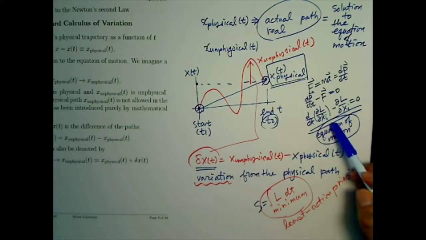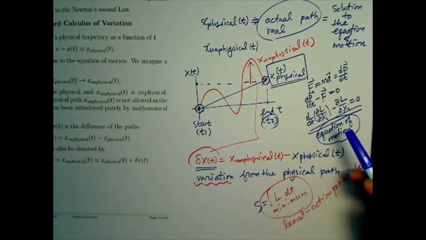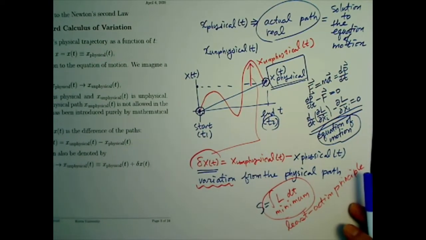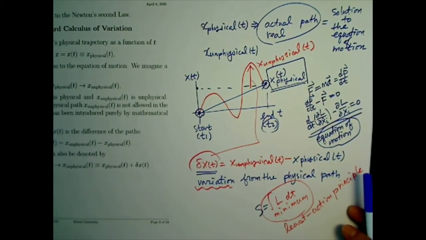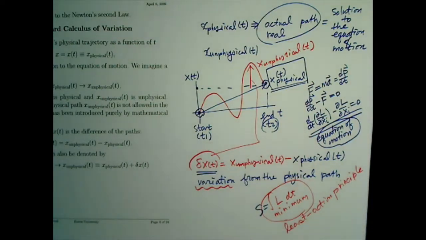And on the previous page, we have verified that as long as the potential has no explicit time dependence and no explicit velocity dependence, then Newton's equation of motion is exactly the same as the Euler-Lagrange equation.